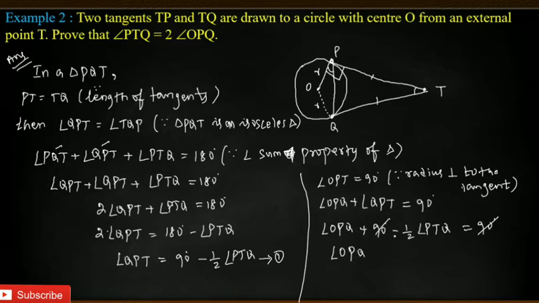Then OPQ, the minus value goes to the opposite side, plus 1 by 2 angle PTQ. Now the 2 goes to the opposite side and multiplies: 2 times OPQ is equal to angle PTQ. That's it, that is what they expected. We got it, hence it is proved.